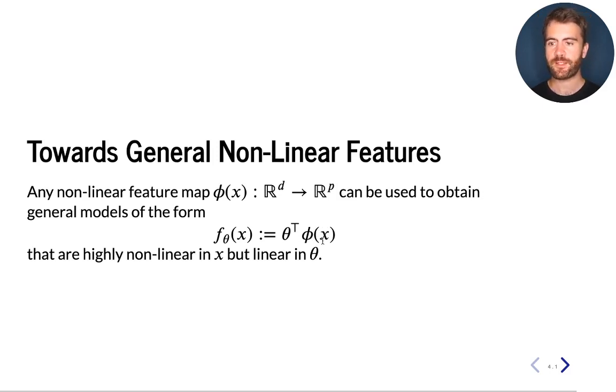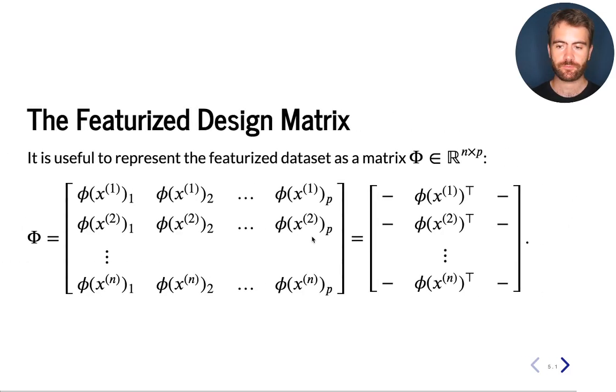So phi of x can be highly nonlinear, but it remains linear in theta, which means we can use all the standard techniques that we have seen in this course to learn theta, and we still in the end have a nonlinear function of x. So I'm going to explore this approach a little bit more in this video.